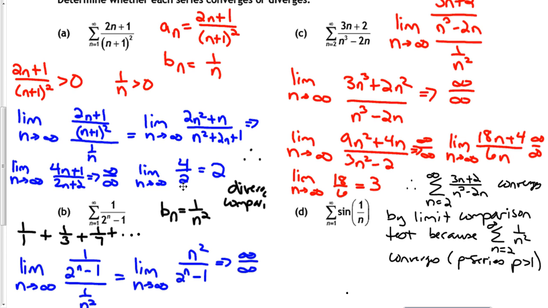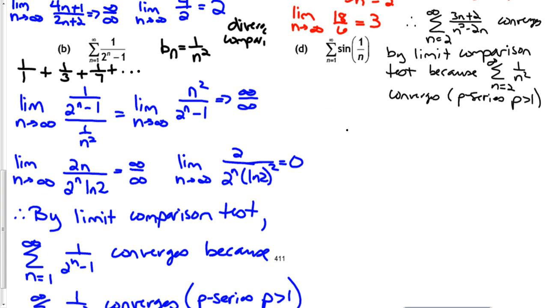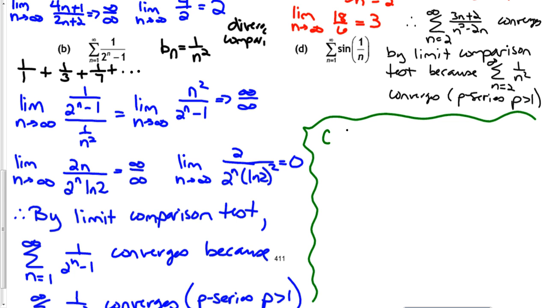So the last one we have is D, which is sine of 1 over n. Now that one's icky looking. But what I'm going to try and compare it to is 1 over n. That's what I'm going to compare it with. So I need to know actually a little calculus rule. I'm going to have my limit as n approaches infinity of sine of 1 over n over 1 over n. And the little calculus rule that I need to remember is this one.